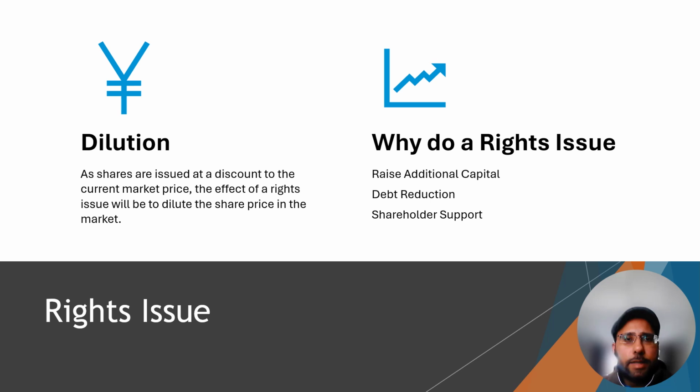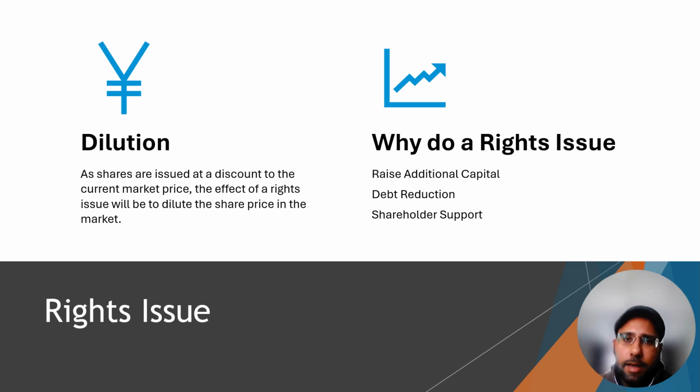Let's say a company has 1,000 shares outstanding, the total number of shares that investors can buy, and you own 100 of those shares. That will give you a 10% ownership stake. Now, if the company issues an additional 100 shares through a rights offering, and you did not participate in that, the total number of shares outstanding for the company will now be 1,100.